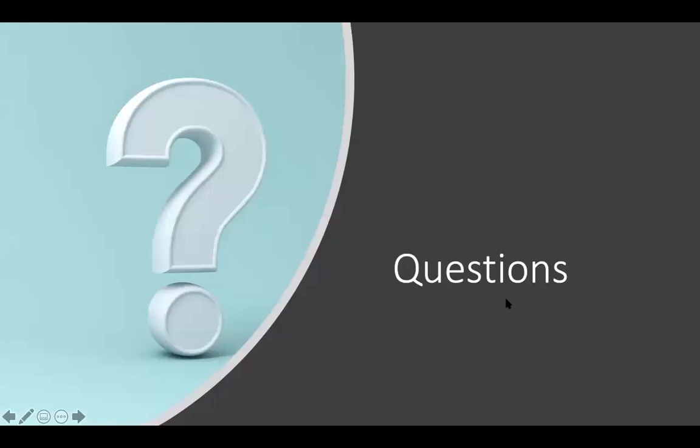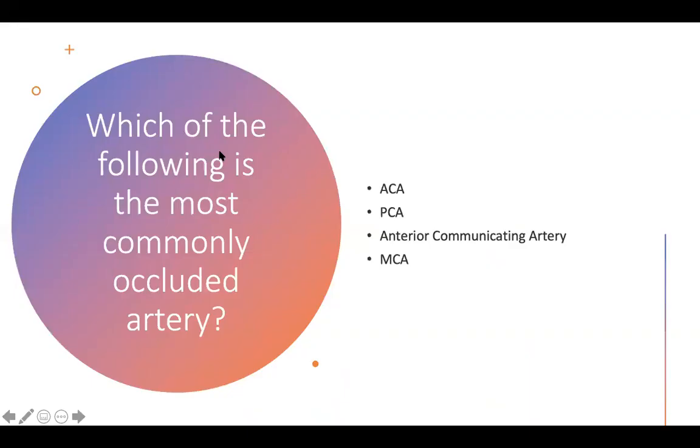Now we come to the questions, but before that, do you have any questions for me? Okay. Right. So for the questions: which of the following is the most commonly occluded artery?